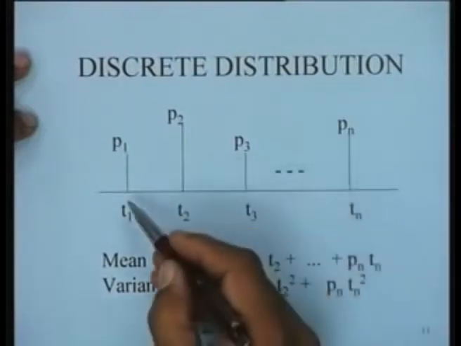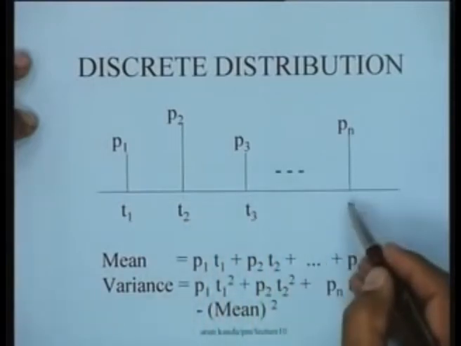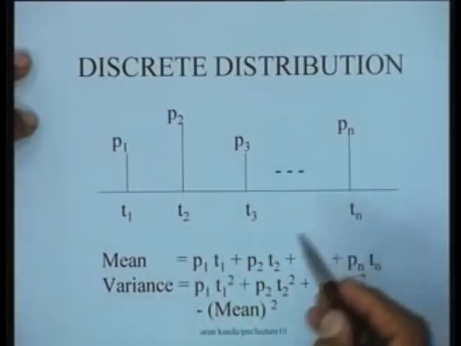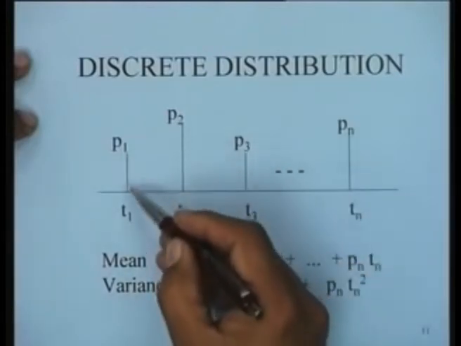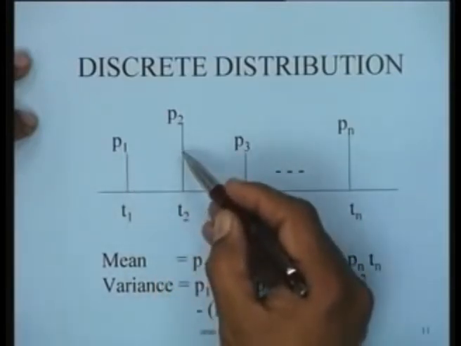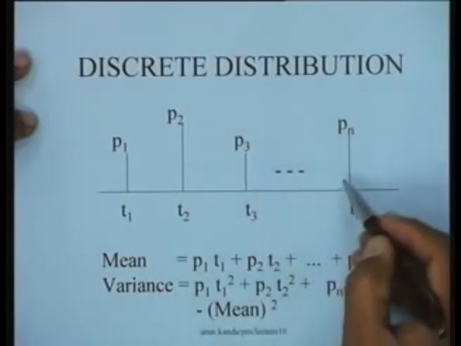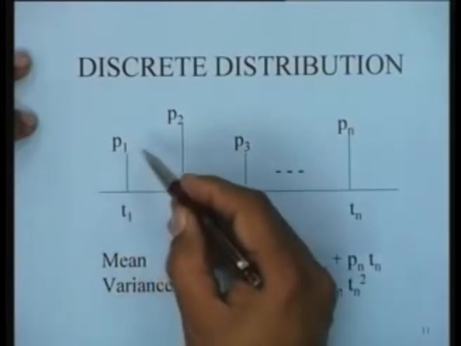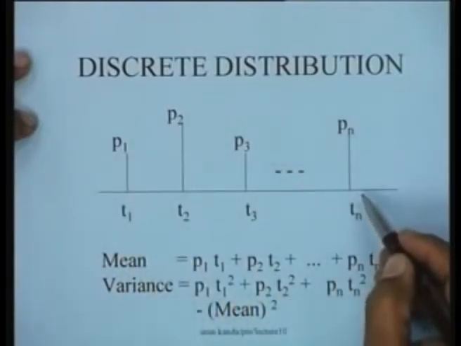So it might have taken either 10 days or 12 days or 15 days or 20 days in the past. And if you have done it for say 100 times, you would know how many times it took 10 days and how many times it took 20 days and how many times it took 30 days and so on. And these estimates would be then estimates of the probability that you have for this distribution.